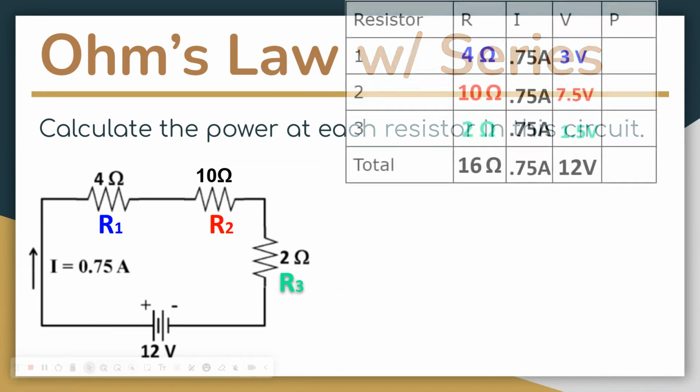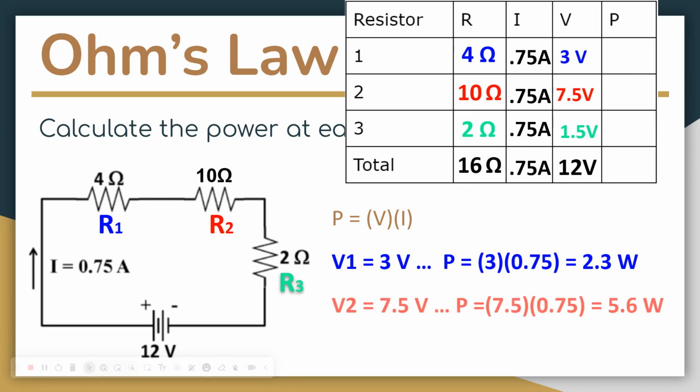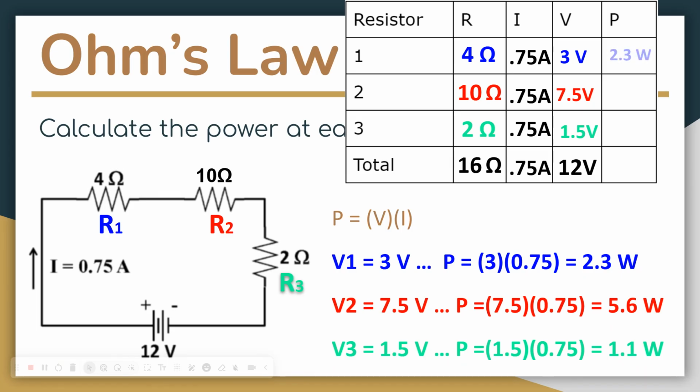All right, power. Power is voltage times current. So for resistor 1, my voltage is 3 and my current is 0.75, giving me a power of 2.3 watts. For resistor 2, it's 5.6 watts, and for resistor 3, it is 1.1 watts. And so you can fill all of those values into your table.